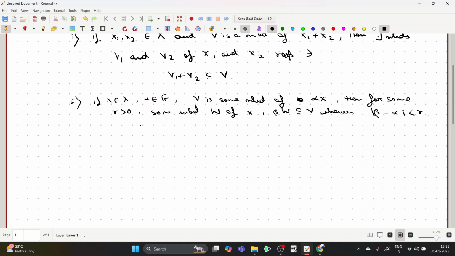So these were the equivalent definitions for the operations x1 plus x2 and alpha x, for an arbitrary element x from the vector space capital X, to be continuous.